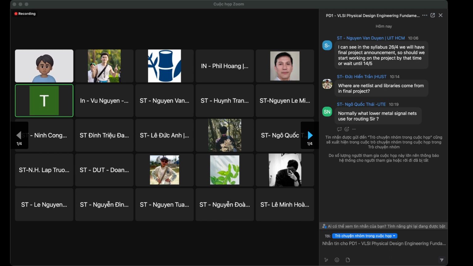And all the layers will be used for routing, right? So the tool is going to know which layer is best, right?